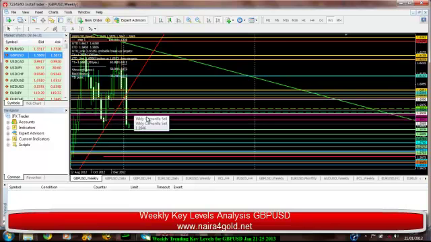So there is a bunch of confluence of key levels around the 1.59 area: 5928, 5945, 5955, and so on.